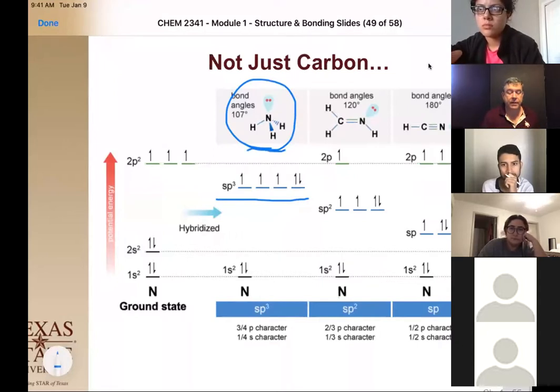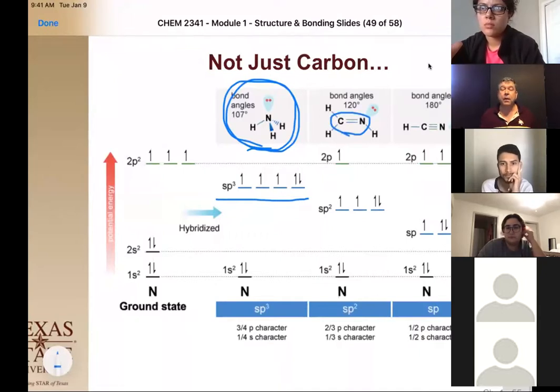And we can tell the difference because of the number of times something is bonded to a nitrogen. So if we have 3 sigma bonds and a lone pair, we know it's sp3 hybridized. If we have a double bond between nitrogen and some other atom, we know that we have an sp2 hybridized orbital and a p orbital available to it. And when we go into our extremes, we have this carbon-nitrogen triple bond.